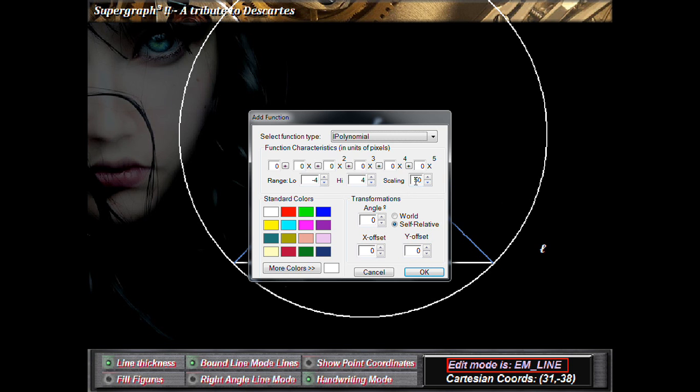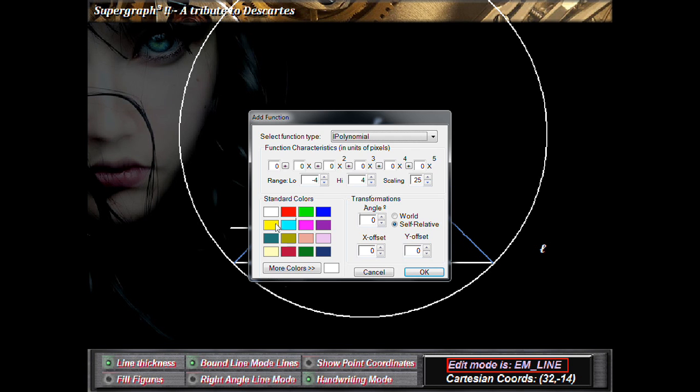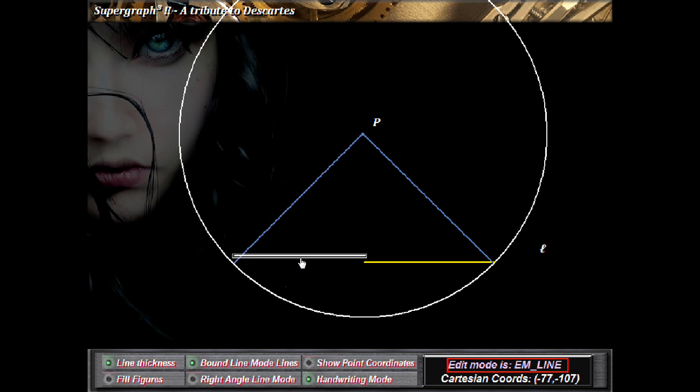This, thank God, was an even number, a number I could divide into one white and one yellow. It's not exact.